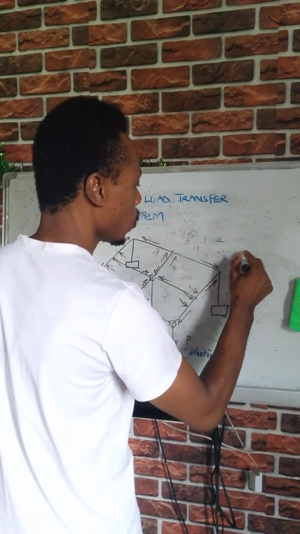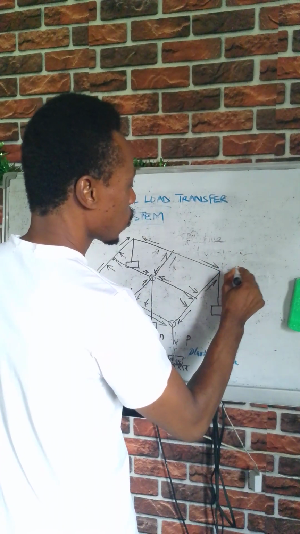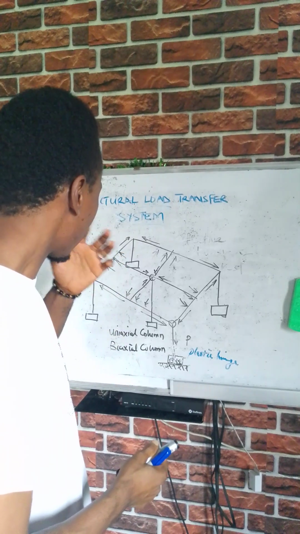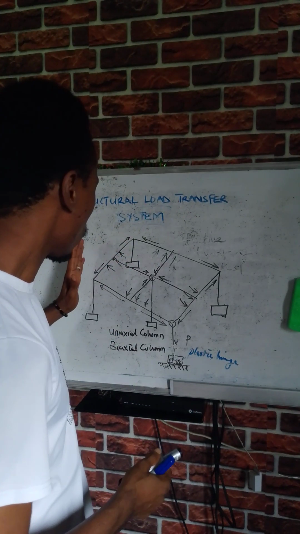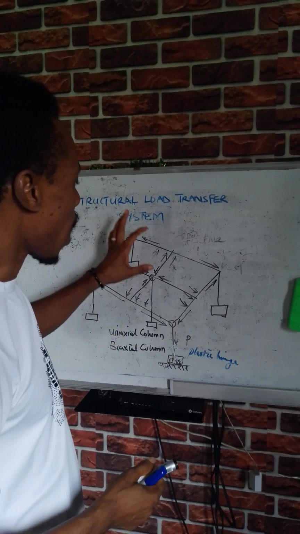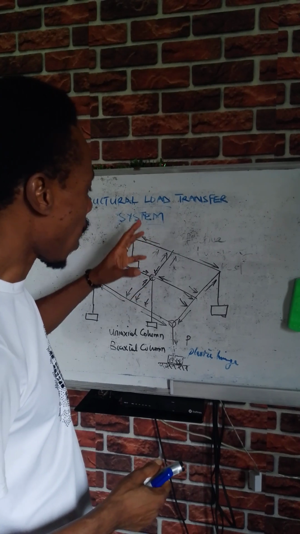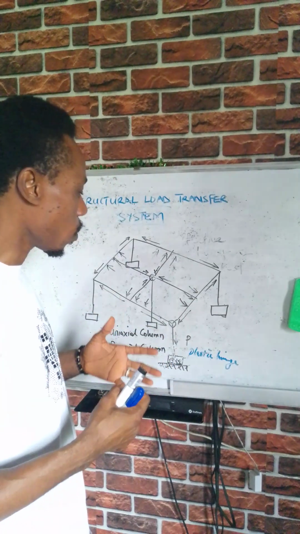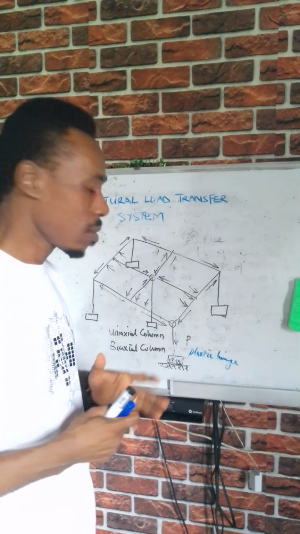So it's very important we have that in mind. So I decided to bring this topic so we can understand how our structural members carry and transfer load in order to ensure the stability of the structure.